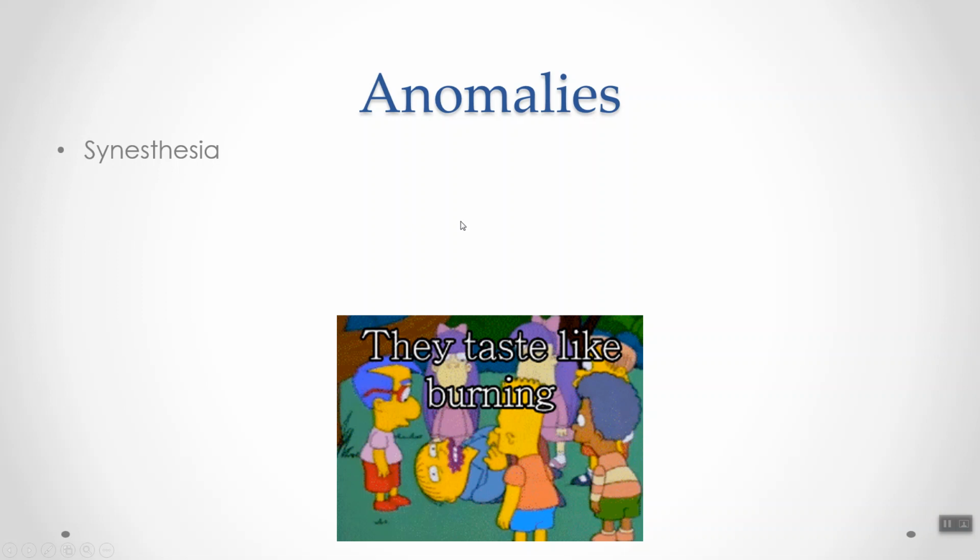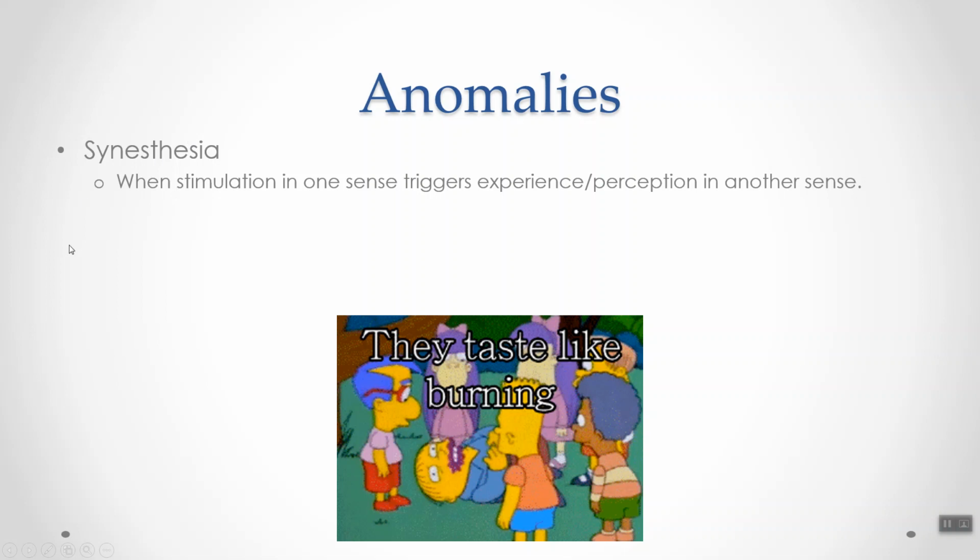Okay, there are some anomalies though. So there's something called synesthesia, and make sure you're really clear on the differences between sensory interaction versus synesthesia. Okay, this is when the stimulation in one sense triggers the experience or the perception in another sense. That is, if you're supposed to be tasting something, you instead feel some sort of burning pain.